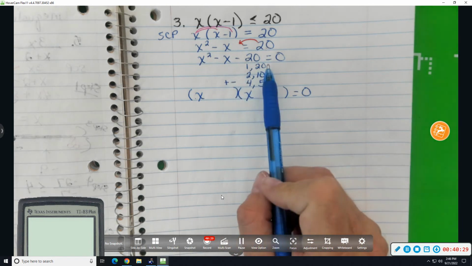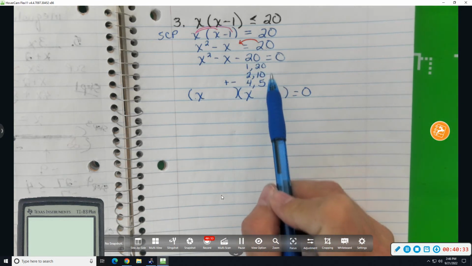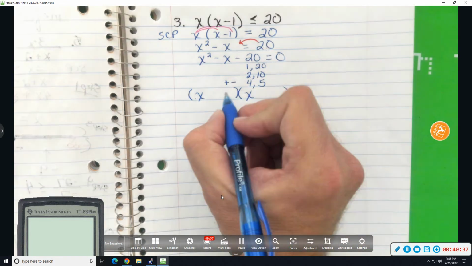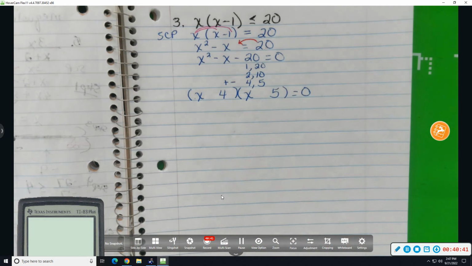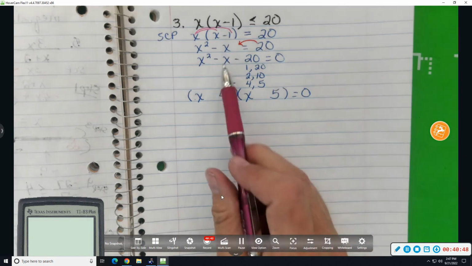And do y'all have a feeling which pair is going to work? 1 times 20, 2 times 10, or 4 times 5? 4 times 5, that's right. Now, how should I arrange that plus and minus in order to get a negative x?